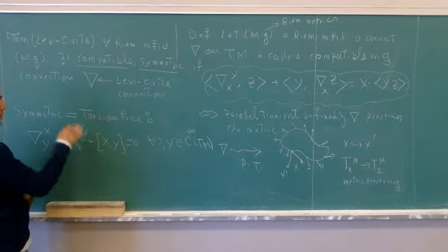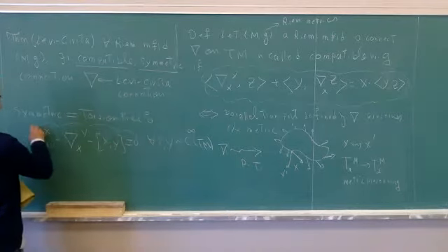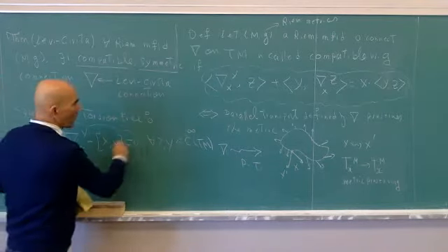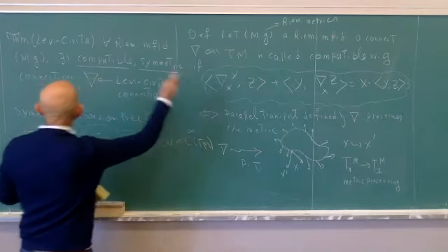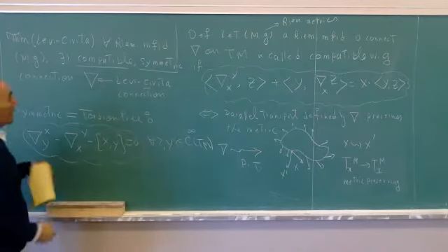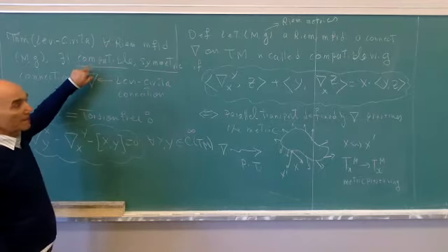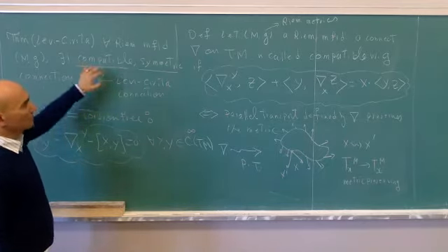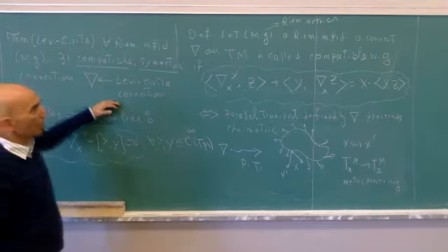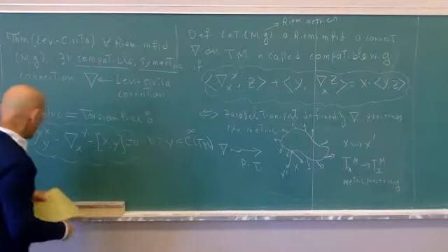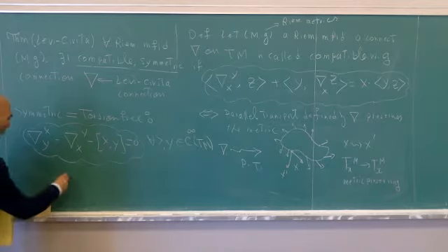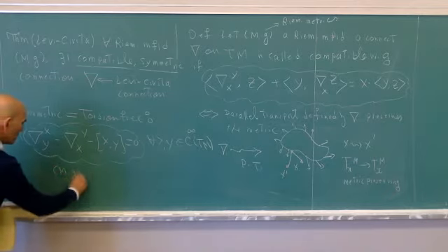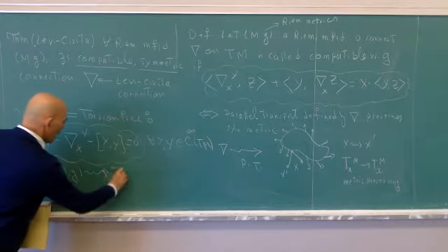If you impose two conditions, namely this condition and that condition, then there exists a unique nabla with this property. So it has two statements. First of all, it exists. Second of all, it's unique. This is called the Levi-Civita connection of the Riemannian manifold. So now we have a way of producing from (M, g) a connection nabla.